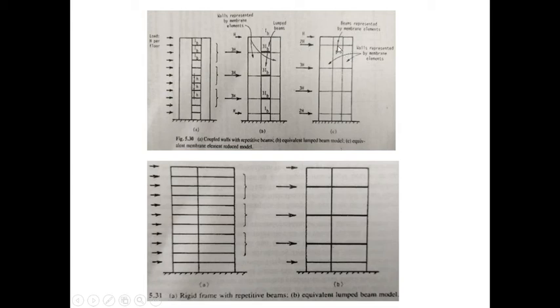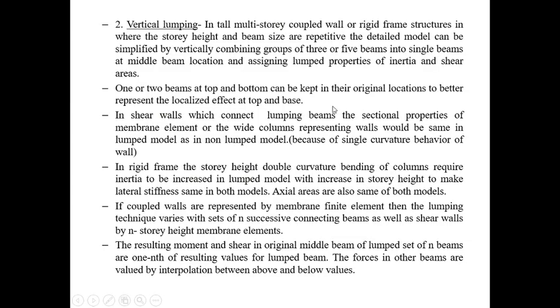Since we have lumped the beam, here the membrane element we represent. Beams and walls are both represented by membrane element. In this case the double curvature bending will take place, so we need to increase the inertia in the lumped model, with the increase in story height, to make the lateral stiffness the same in both models. Axial areas are also to be the same in both models.